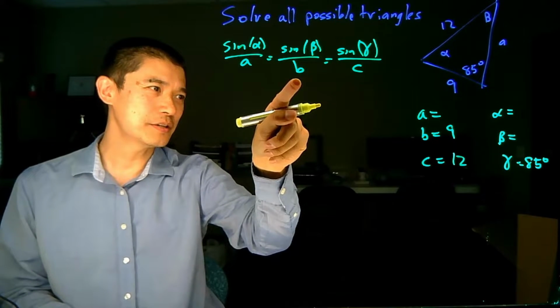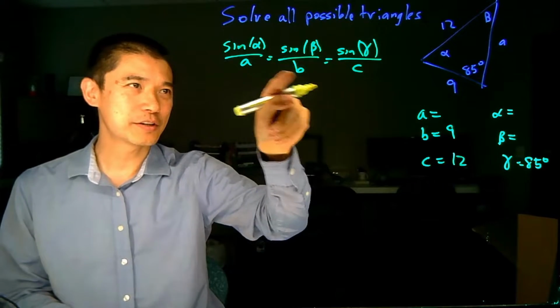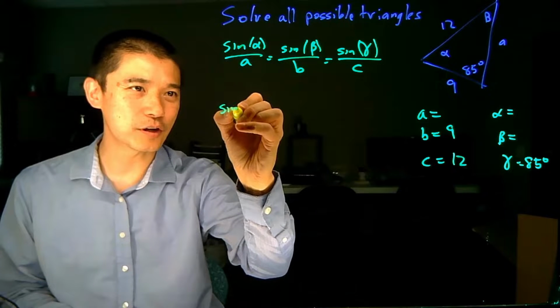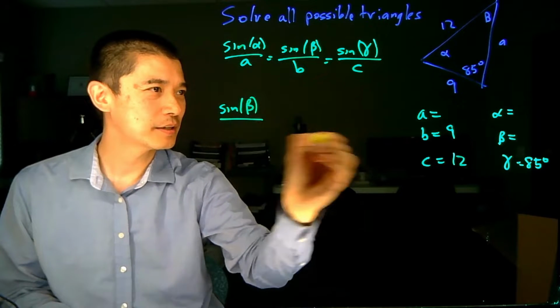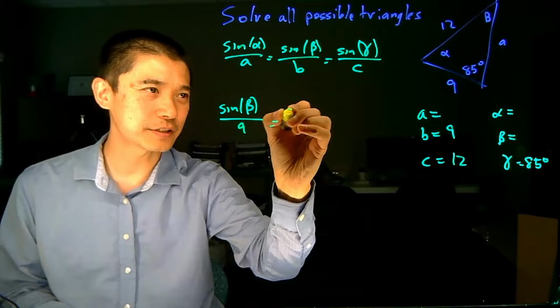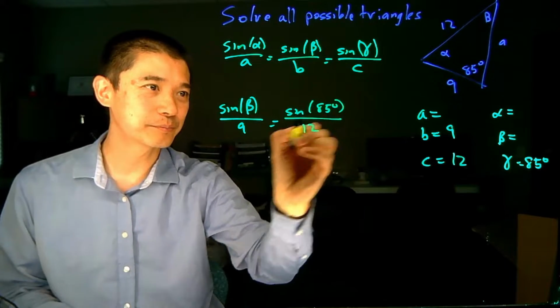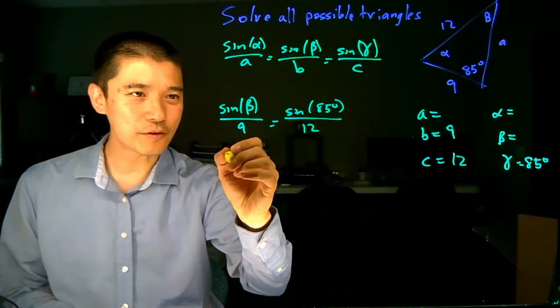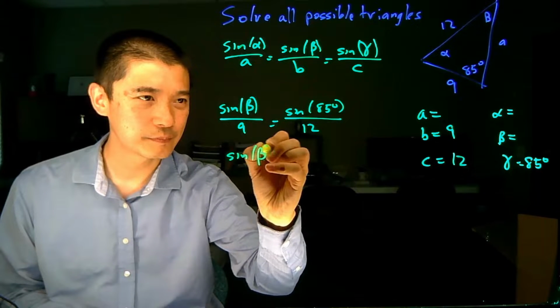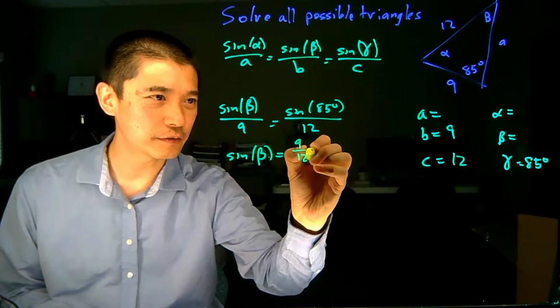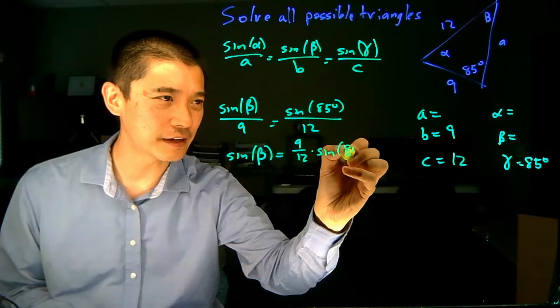We know B, we know C, and we know gamma. This allows us to set up an equation to solve for beta. Sine of beta over 9 is equal to sine of 85 degrees over 12. So we solve for the sine of beta: 9 over 12 times sine of 85 degrees.